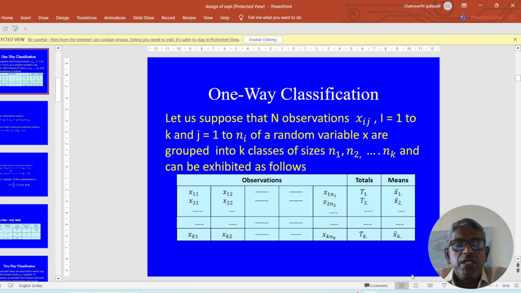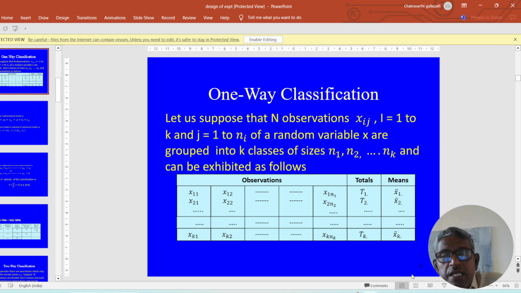That means the first treatment is exposed to n1 values. For the second treatment, we are taking n2 observations, and so on, for the kth treatment, we are taking nk observations.